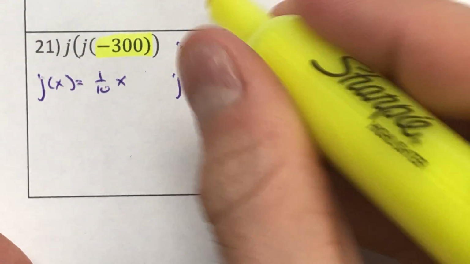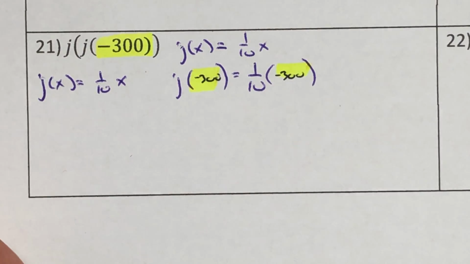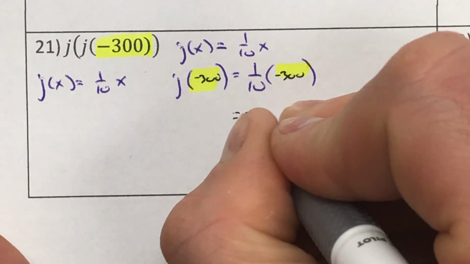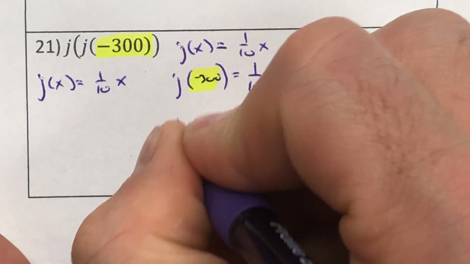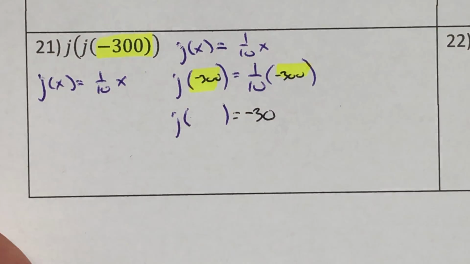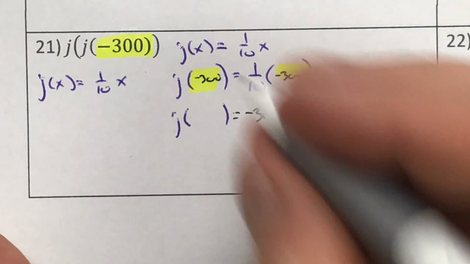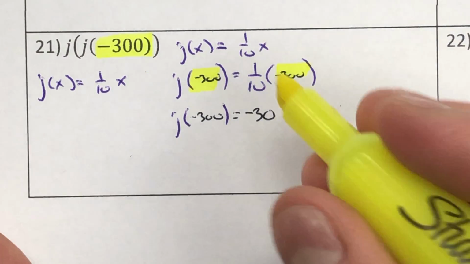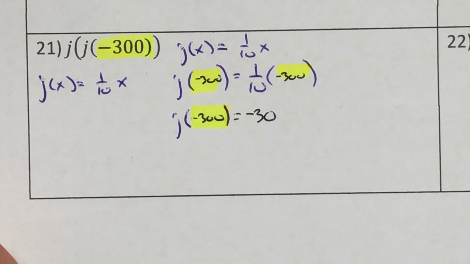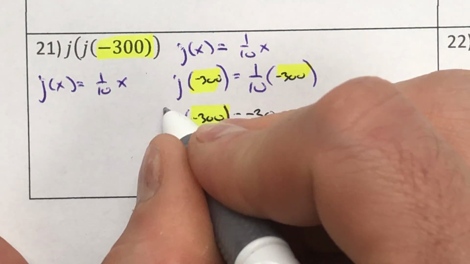And that's my first insertion. I know 1/10 of negative 300 is going to give me negative 30. So I know my initial j of negative 300 is equivalent to negative 30. That's my first hot point there.